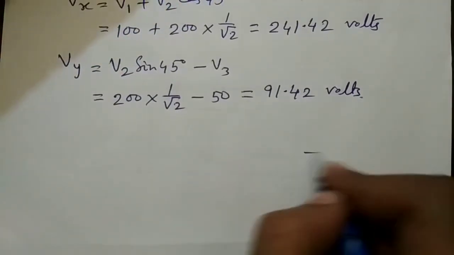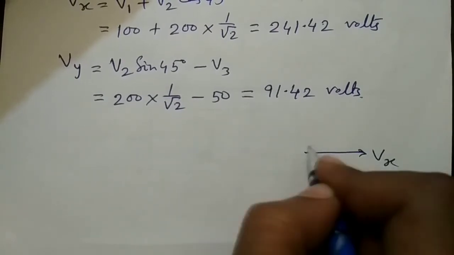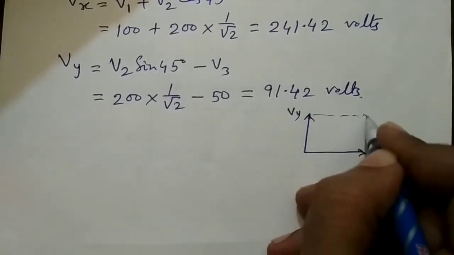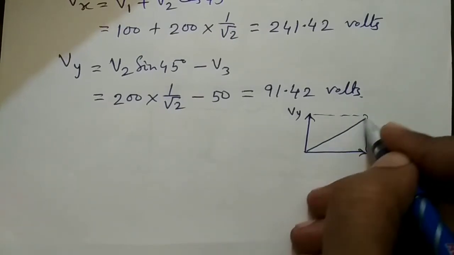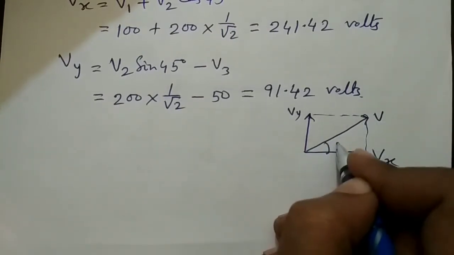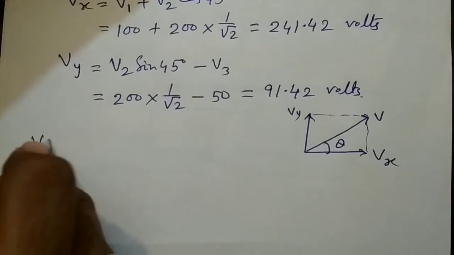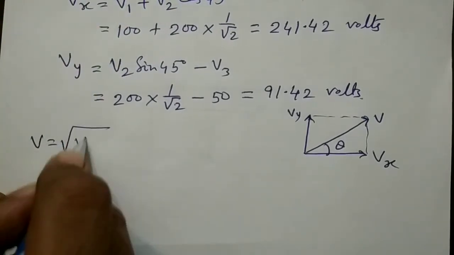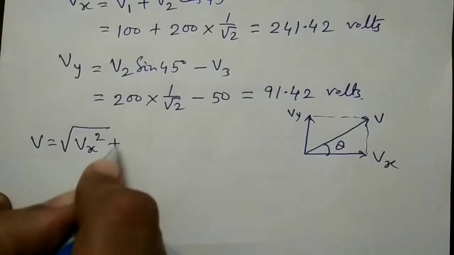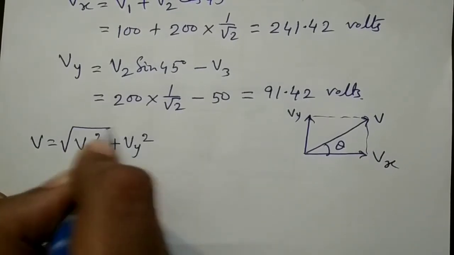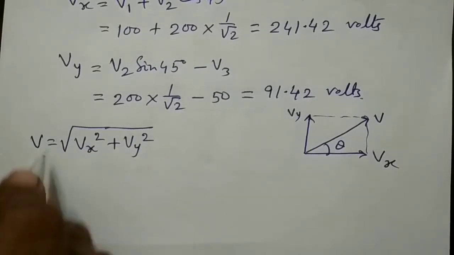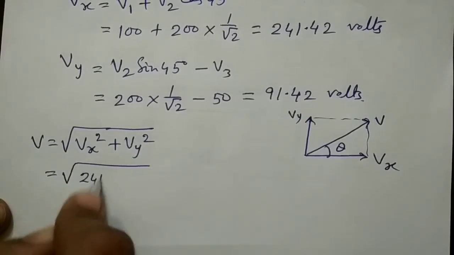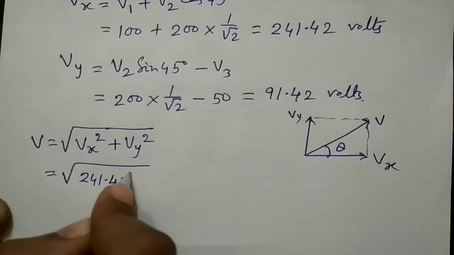So this is Vx and it is Vy. So our resultant voltage will be V equal to square root of Vx square plus Vy square, that is 241.42 square.